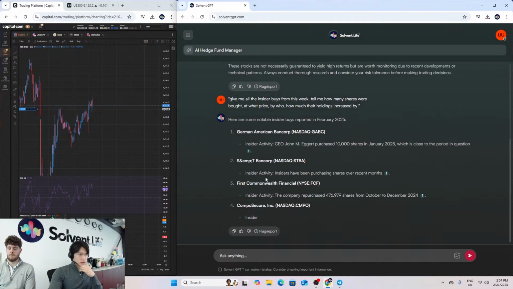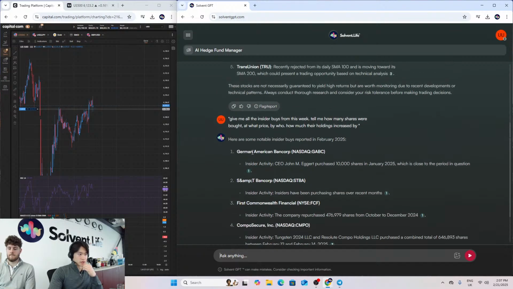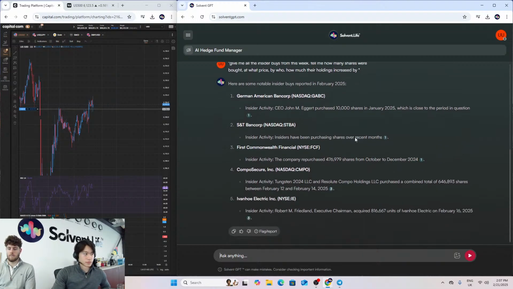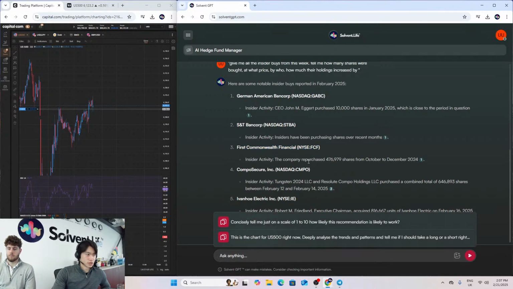Okay, so we have German American Bancorp, insider activity. CEO John M. Eggert purchased 10,000 shares in January 2025, but that is outside of the period in question. So here we go. First Commonwealth Financial's company purchased 476,000 shares from October to December.